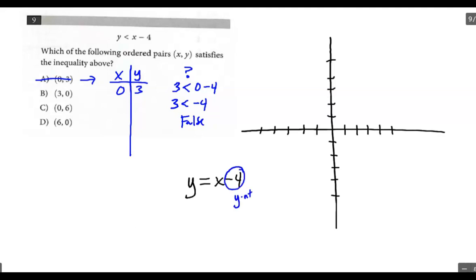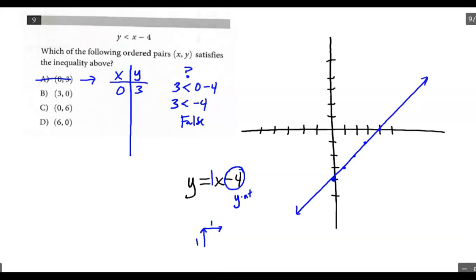There's my y-intercept, so I cross at negative 4. And my slope is the coefficient in front of x, so my slope is 1, which basically tells me to go up 1, right 1. So I'm going to go up 1, right 1, up 1, right 1, and so on and so forth, all the way through. And you're going to have this line like that.